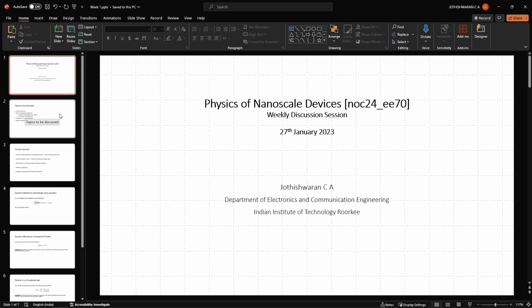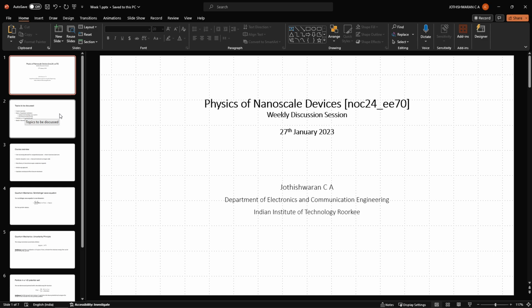Today, what we shall be doing is, in this course, for the first 2 weeks, week 1 and week 2 assignments are both due on the 7th of February, which is the week after next. So in today's session, I shall be focusing on the contents of week 1, which is essentially the overview of the course and the basics of quantum mechanics.